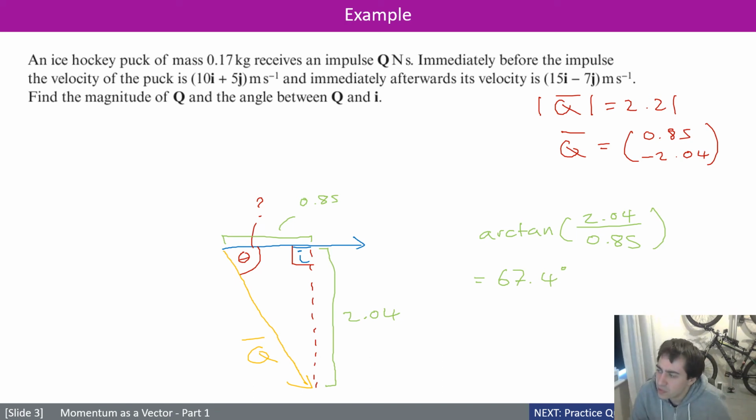Maybe a note on that actually, radians versus degrees. In pure mathematics, we tend to stick with radians when we get to the advanced level. Within mechanics, at really advanced mechanics you might also use radians, but that happens much later. Within engineering and at least A-level mechanics, you tend to stick with degrees again. You get used to when degrees are the convention and when radians are the convention.